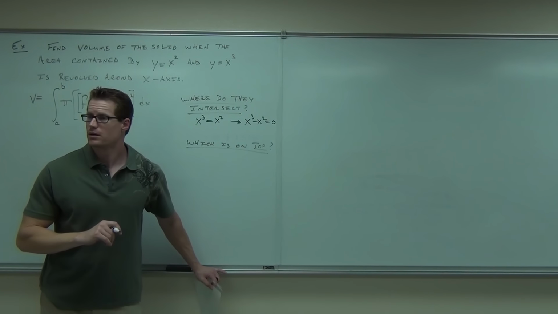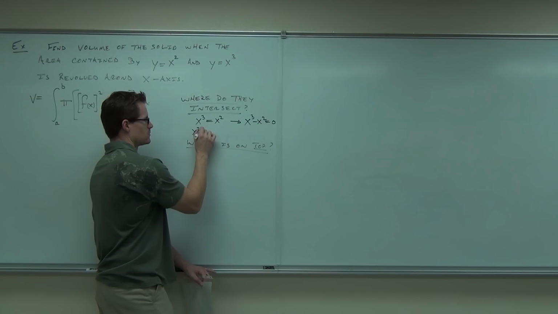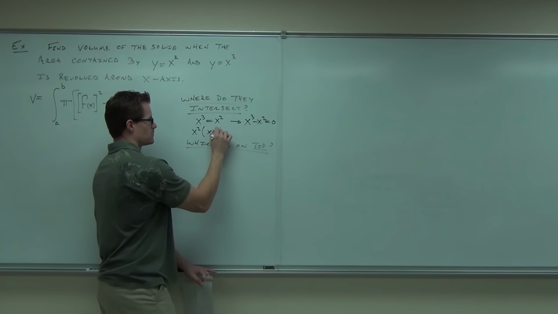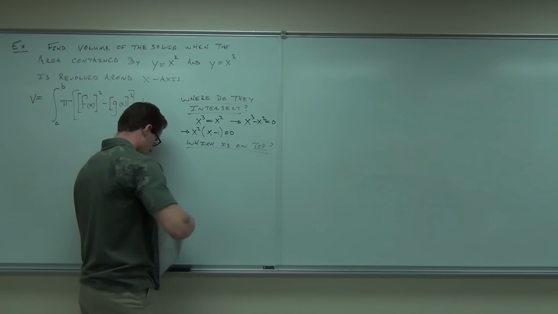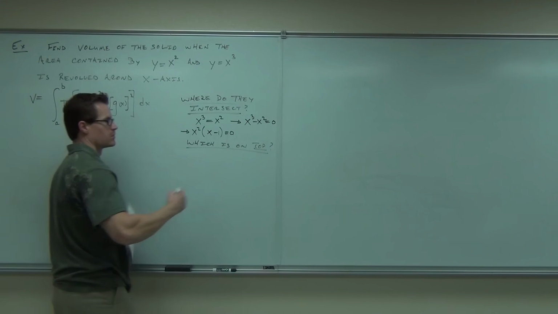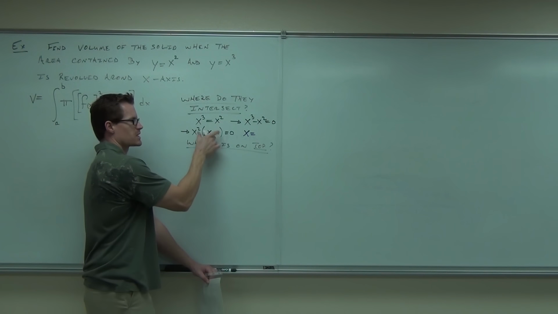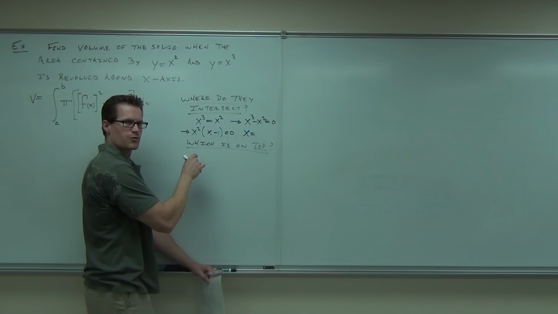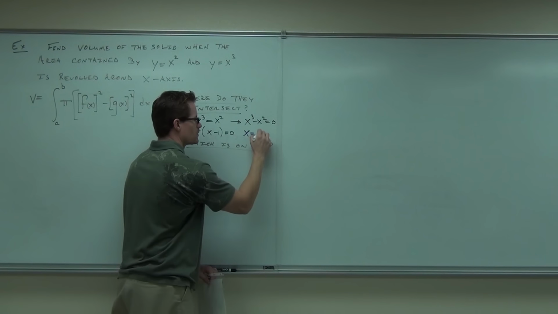Now what? If x squared times x minus 1 equals 0, can you solve for my x's, please? 0, 1. Perfect.